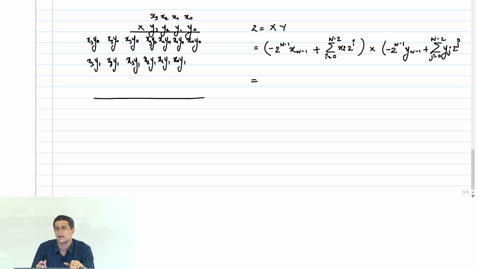What I'm going to do is write out this negative term multiplication separately from the positive term multiplication.